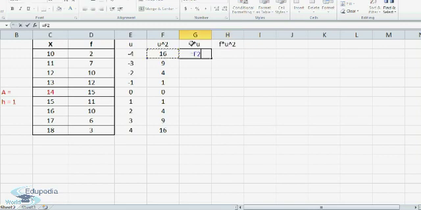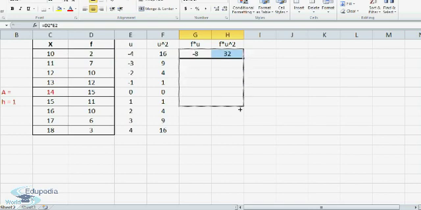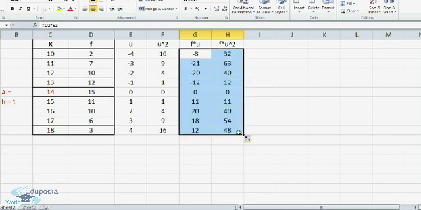So f multiplied by u simply is f in this column multiplied by u, which is here, and f multiplied by u square will be again the value of f here multiplied by u square, which we have found here. Now drag it down to all the cells in both these columns. Yeah, so here we have fu and fu square.